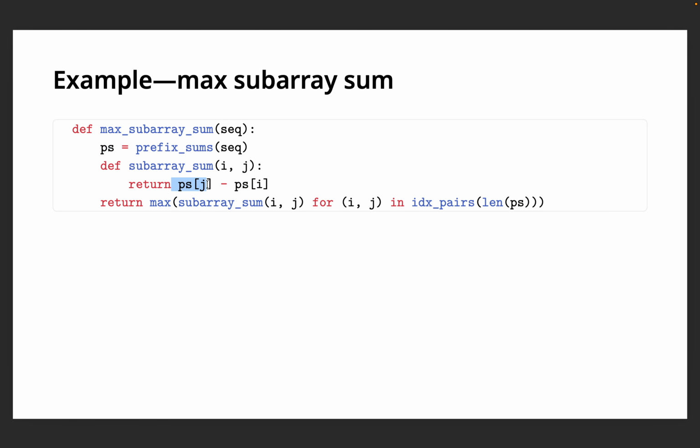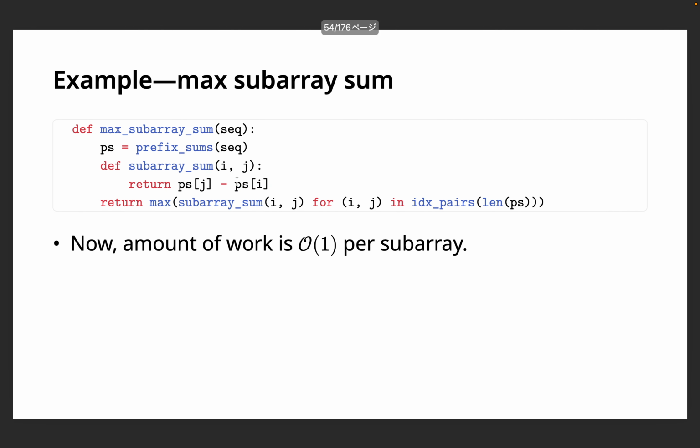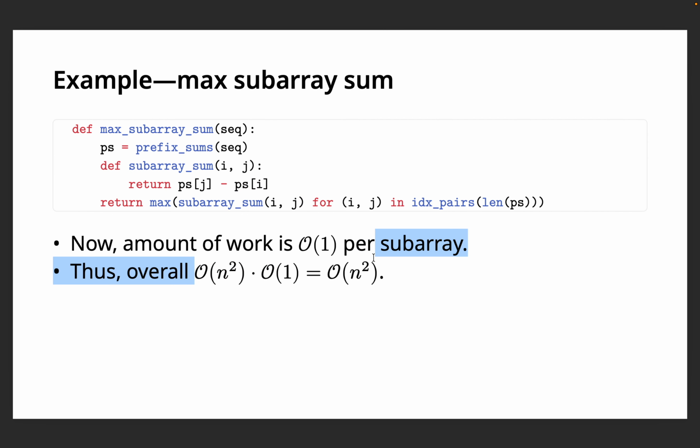So it's just two list accesses as well as a subtraction. So each call to subarray sum now takes O of 1 time, and since there are O of n squared subarrays, the entire running time is now O of n squared. So this is now a lot better than O of n cubed.